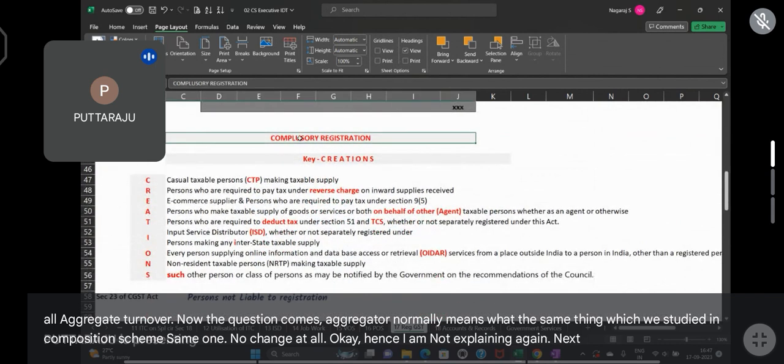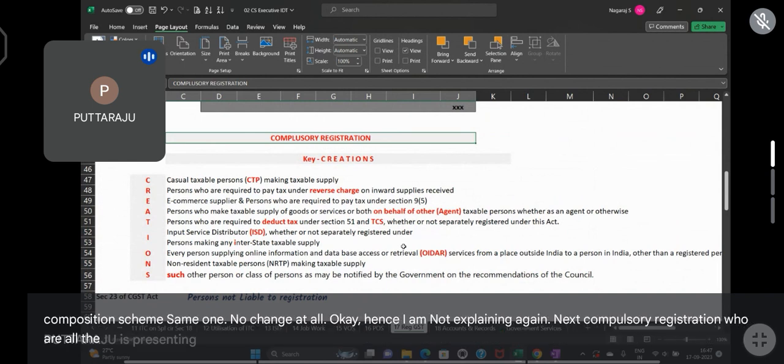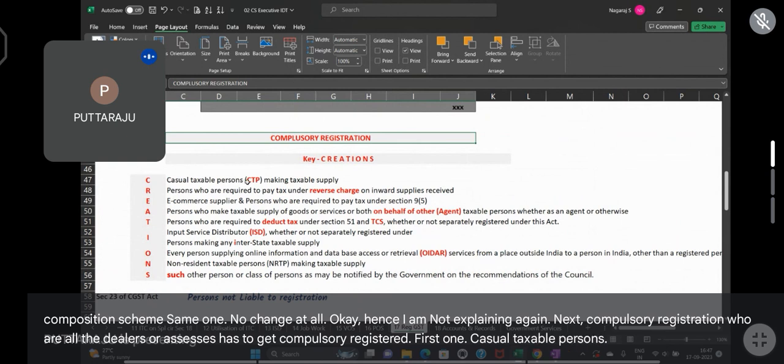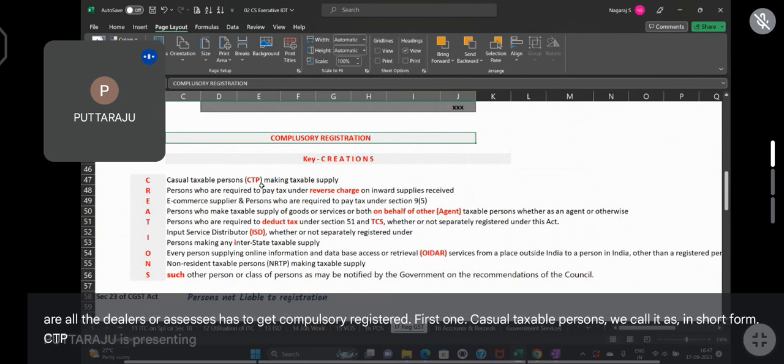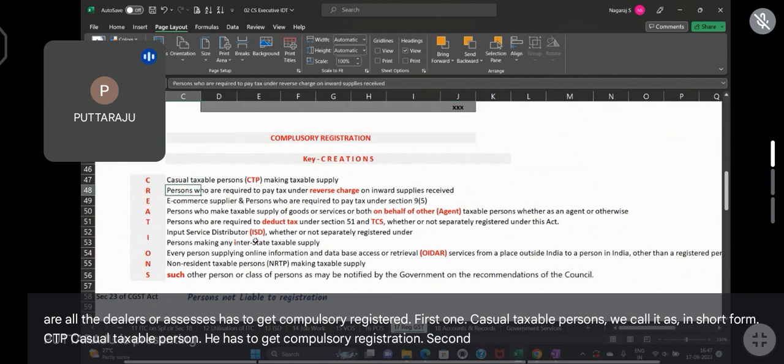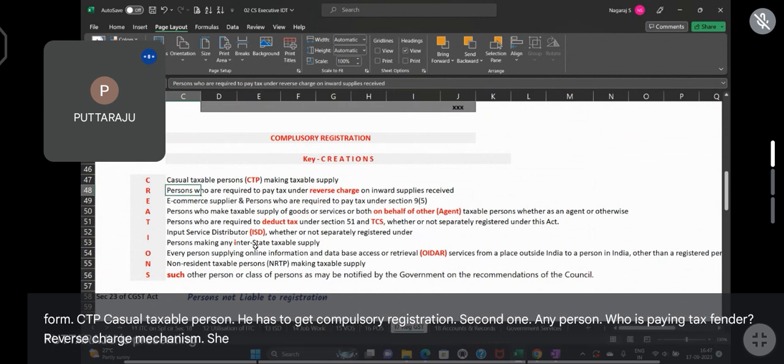Next, compulsory registration. Who are all the dealers or assessees who have to get compulsorily registered? First one, casual taxable persons, in short form CTP. Casual taxable person has to get compulsory registration. Second, any person who is paying tax under reverse charge mechanism has to get registered.